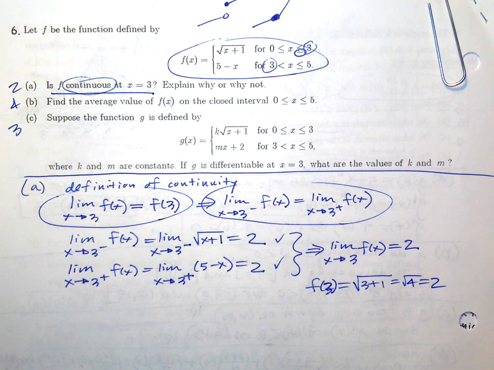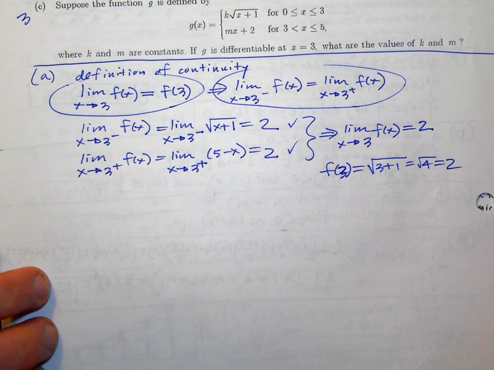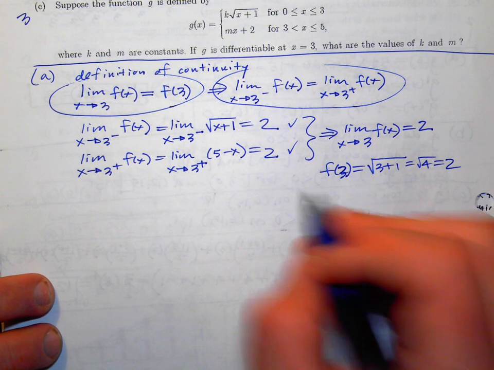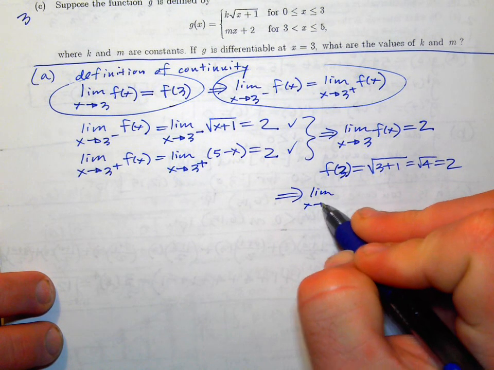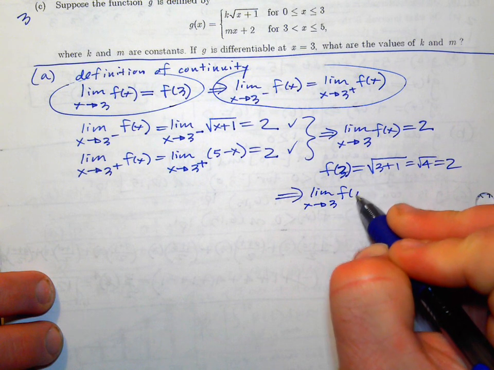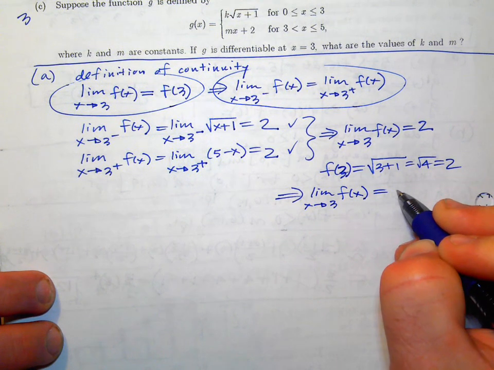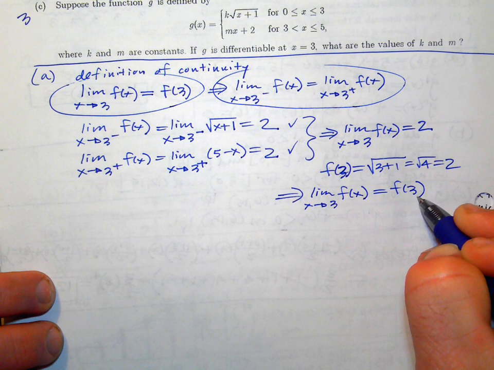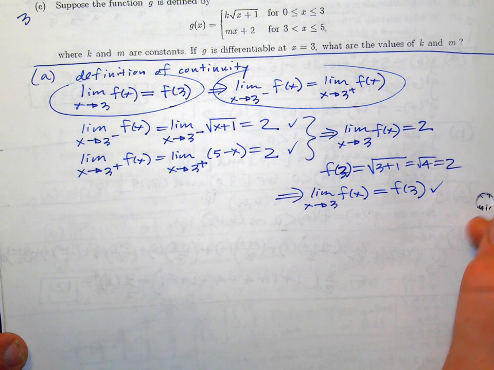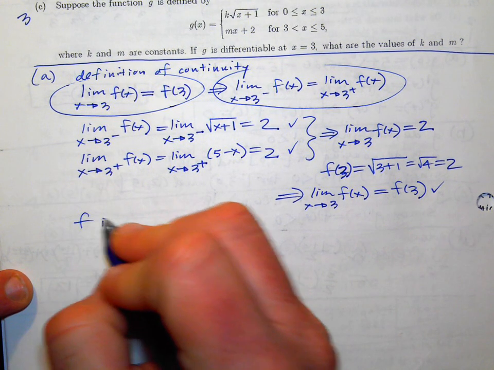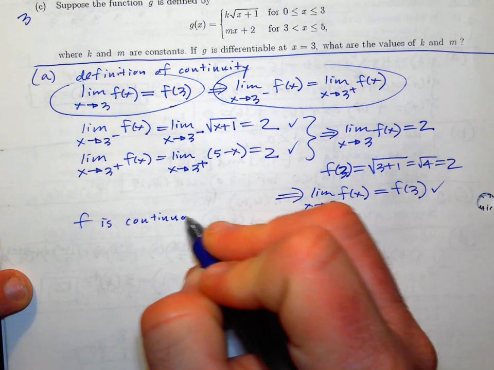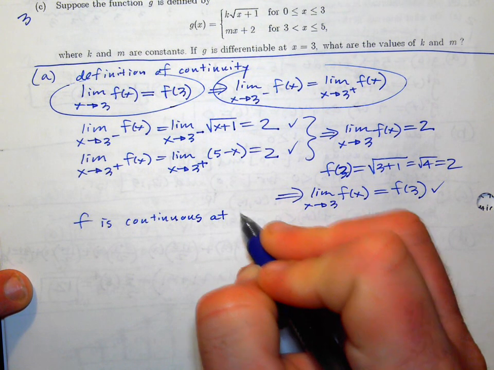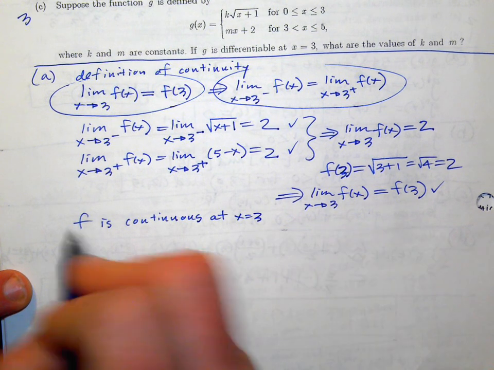And so now we can say the limit as x approaches 3 of f of x must equal f of 3, which is the definition of continuity. So f is continuous at x equals 3 is our final answer.